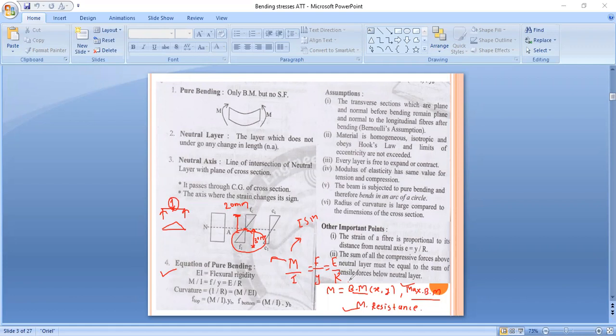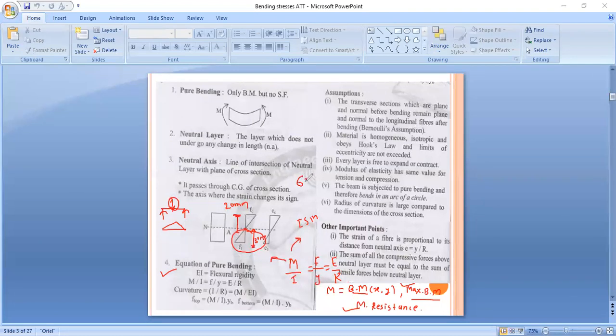And last, moment of resistance. So M is equal to moment of resistance if our input is in terms of strength. Then this is called moment of resistance.